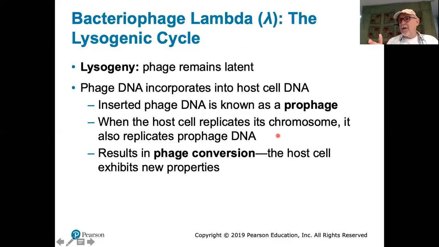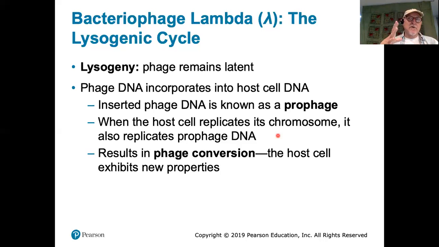The point about this is that that is now part of the host genome. And as the host reproduces, divides, and increases its population size, every time this host cell divides, it replicates the viral genome as well. So the viral genome now, with no further intervention by the virus, begins to spread through the population.